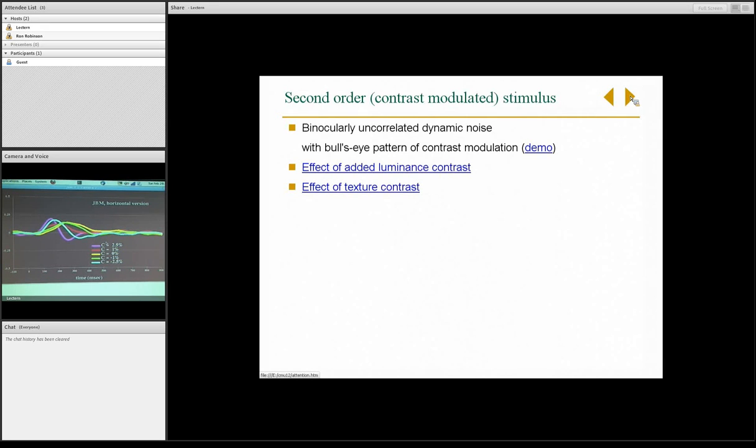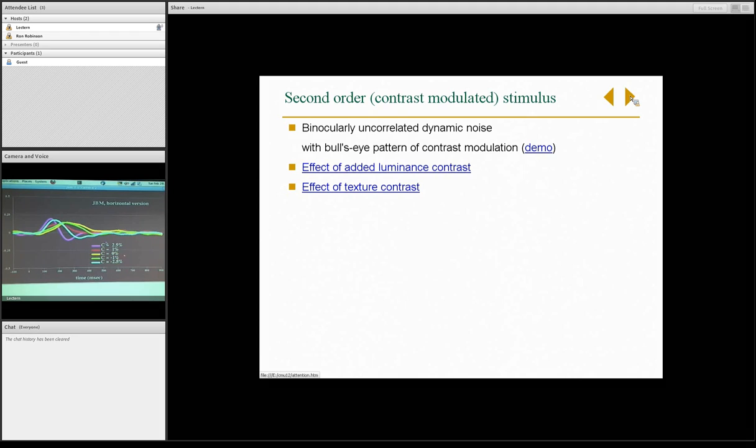These are difficult experiments to do because you have to calibrate your system very carefully and worry about nonlinearities in the monitor. But when you've done that very carefully, what you discover is that the perfect null doesn't happen at 0.